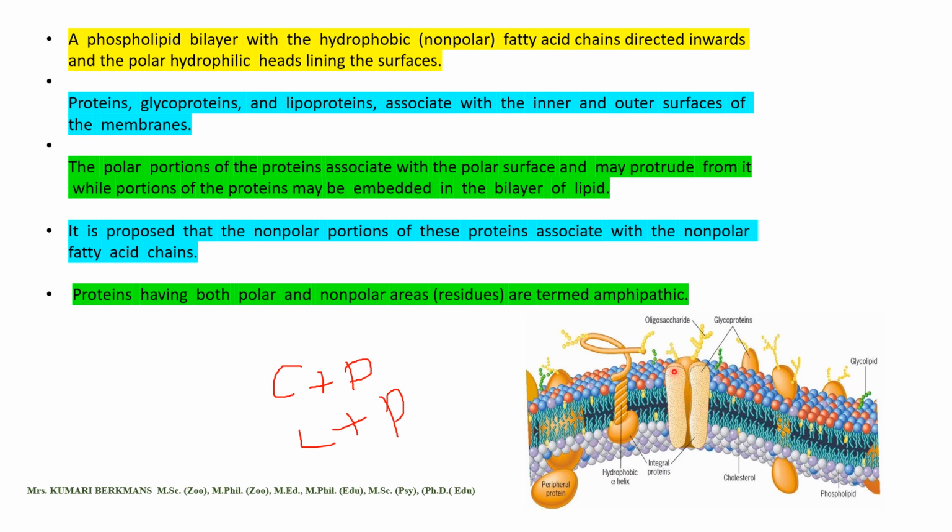If you see this, this protein is embedded inside the membrane, and some part of the protein is extruded outside of the cell and inside the cell, and some part is embedded in the cell membrane. The polar portion of the proteins is associated with the polar surface and may protrude from it, while portions of the protein may be embedded in the bilipid layer. This is what is called the bilipid layer.